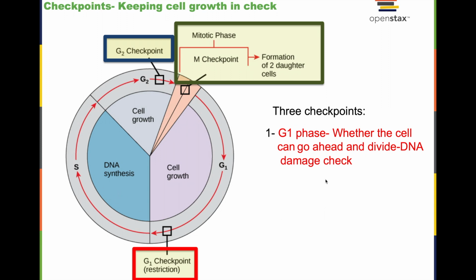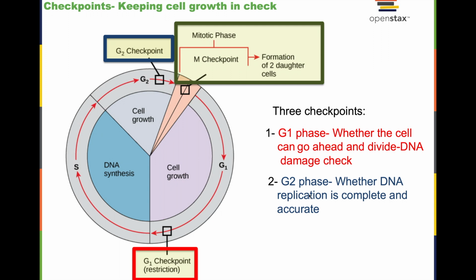And that's usually a place where the cell checks for damage to its genetic material. If there is damage to the genetic material, there's really no point making more of it. So this checkpoint is a place where the cell checks that, and there are molecules that are involved in making that decision.